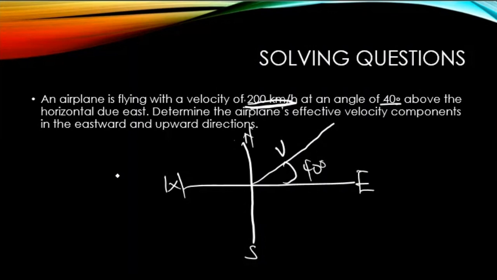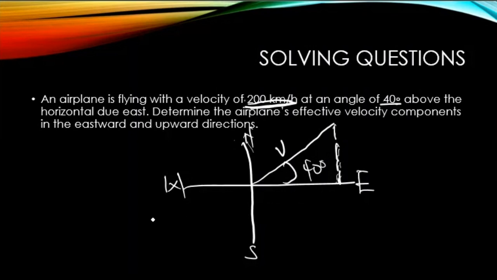So you should find the eastward and upward direction. The upward direction will be due north, and the eastward direction is due east. The upward direction will be the vertical component when we draw it, and the eastward will be the horizontal component.